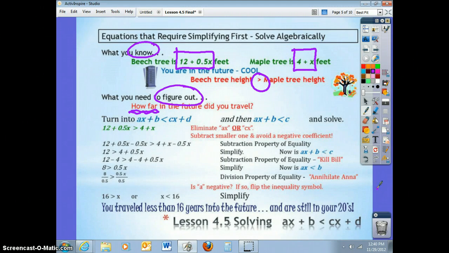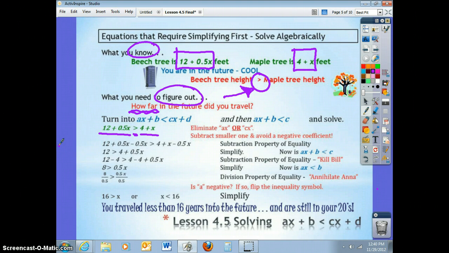All right, so we take the beech tree's equation and we say it's greater than the maple tree's equation, because we said here in the future the beech tree is still taller.